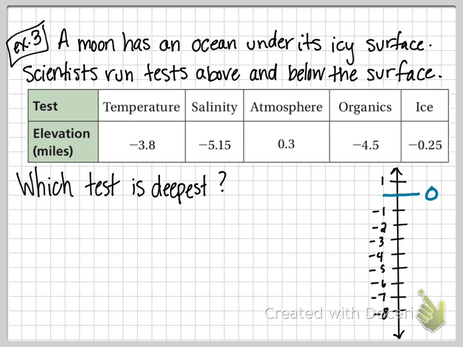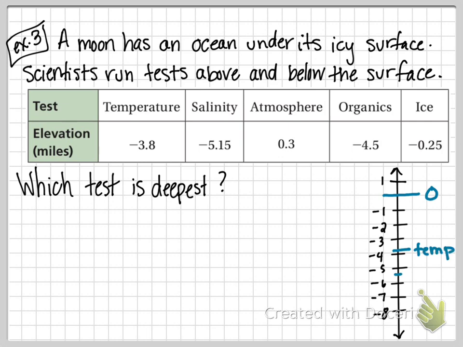Remember, we talked about this when we talked about absolute value. What does 0 represent? Sea level. Thank you, with a hand, but you're correct. 0 represents sea level. So negative numbers mean that these tests were run below the level of the water, right? So if we plot each one, negative 3.8 is somewhere here. This is temperature.